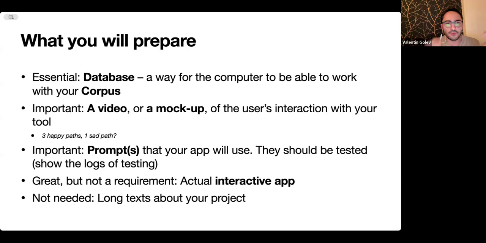To fake it, you will have to focus on, I say here, 3 different happy paths and 1 sad path. It might be a different combination, but it's good if this animation, this mockup, these slides, this Figma project has all of them. And they should be specific. I'm not talking about something abstract like, okay, the user enters a query here and gets an answer. No, it should be specific.